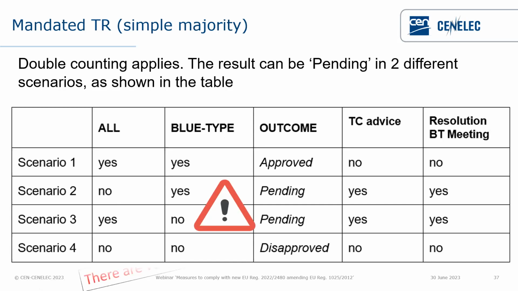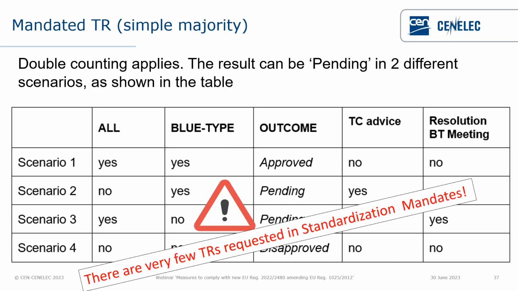For TR, we have very few examples of TR requested in the standardization request or under valid mandates. So we need to cover this case, but these are very rare.